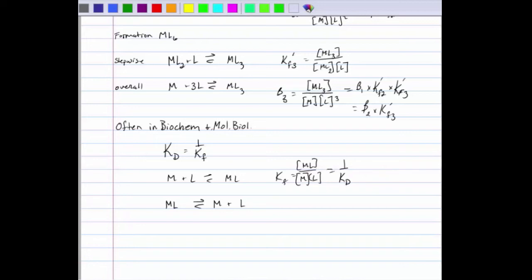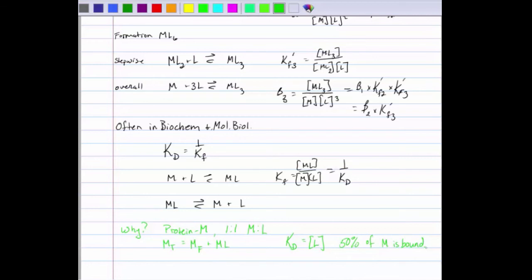And the reason that biochemists do this is because it's convenient for them. So it's because for protein metal complexes, you usually have 1-to-1 metal to the protein, or I'm just going to represent it as ligand. So when the total metal is equal to the metal that's free plus ML complex, the KD is equal to the concentration of ligand when 50% of the metal is bound.